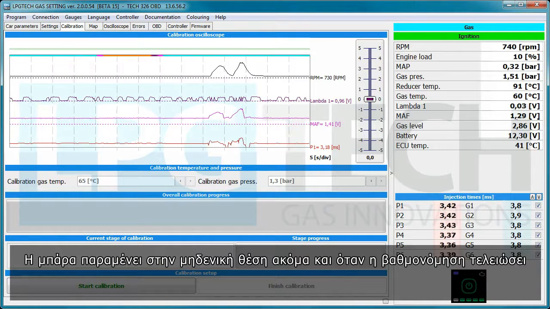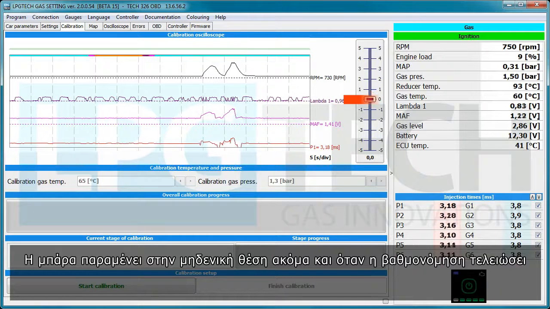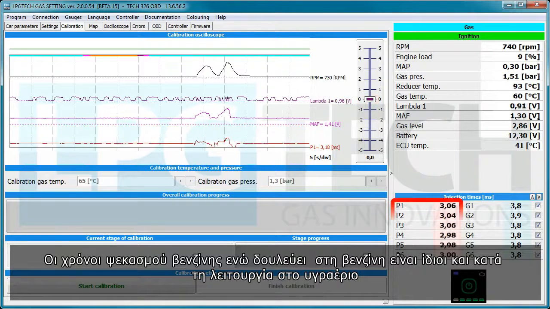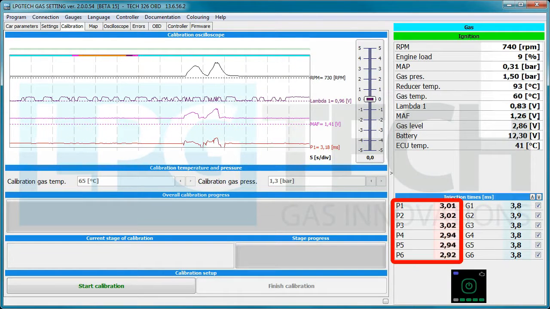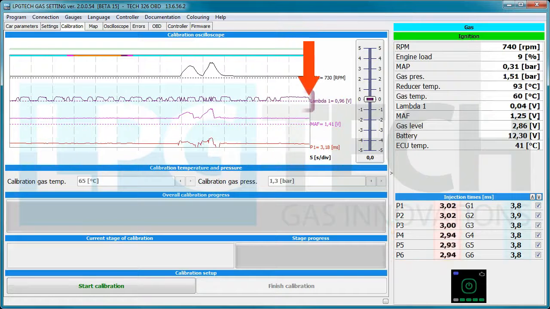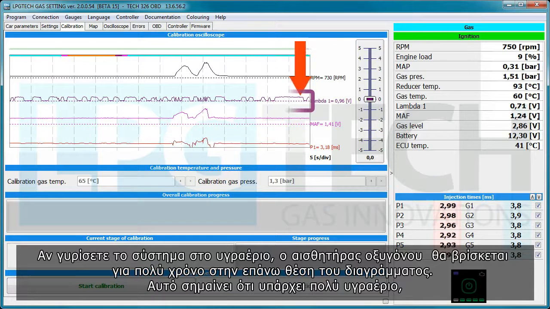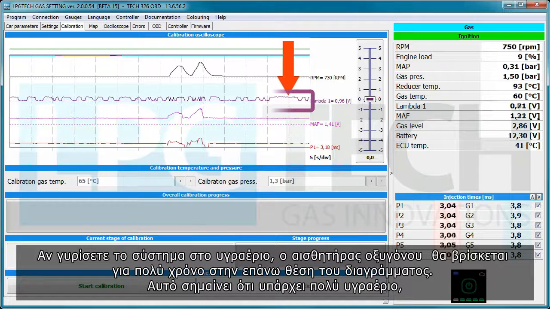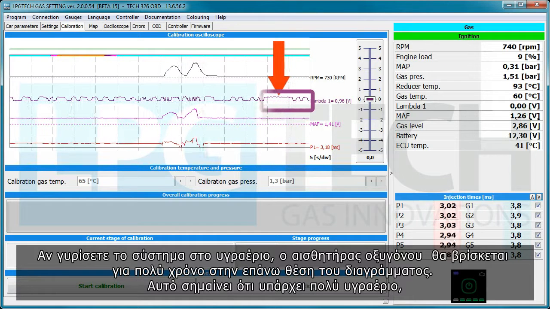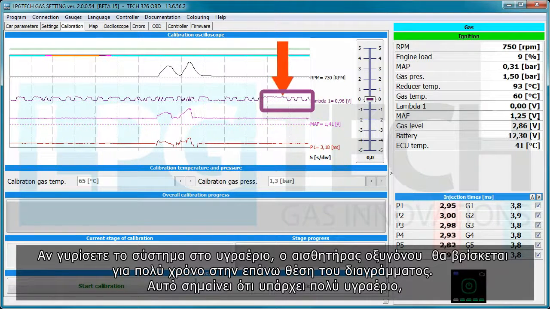The slider is always located on 0 position, even when calibration is finished. Times of petrol injection while working on petrol are the same as working on gas. If you switch the system to gas, and the oxygen sensor is for a long time in the upper position on the diagram, it means that there is too much gas.